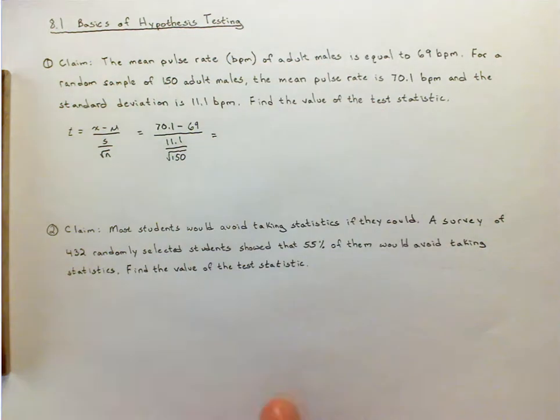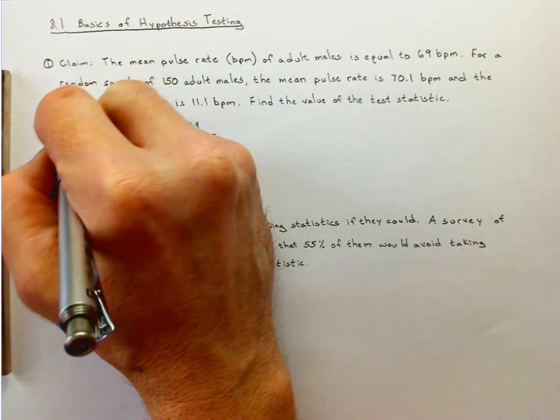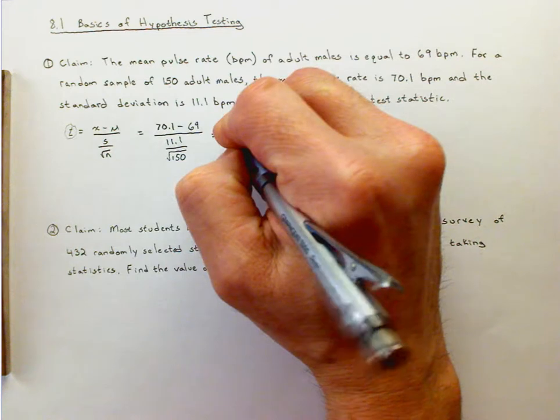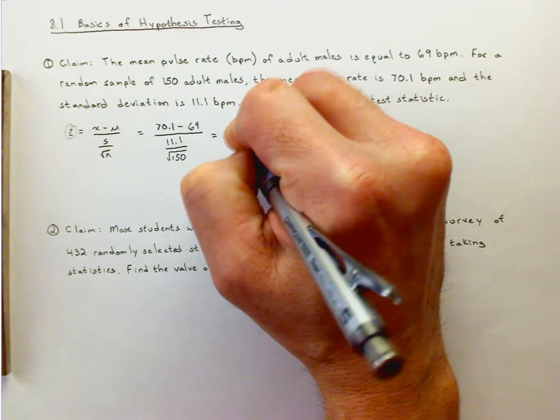And now I just do the math on the calculator. Again, this is going to be a t-score. And I end up with a t-score of 1.21.